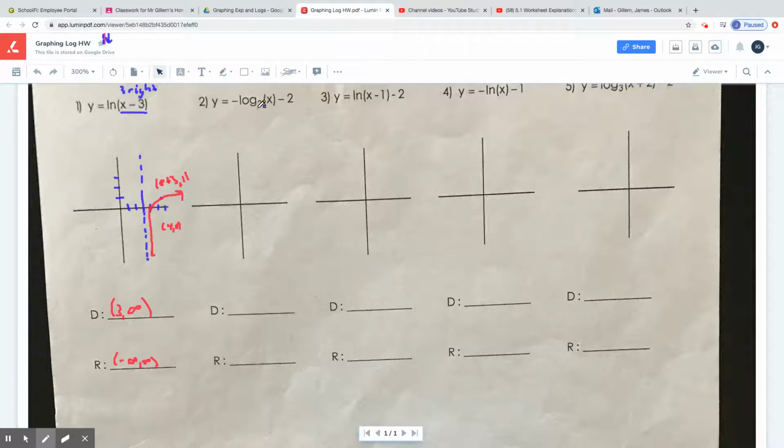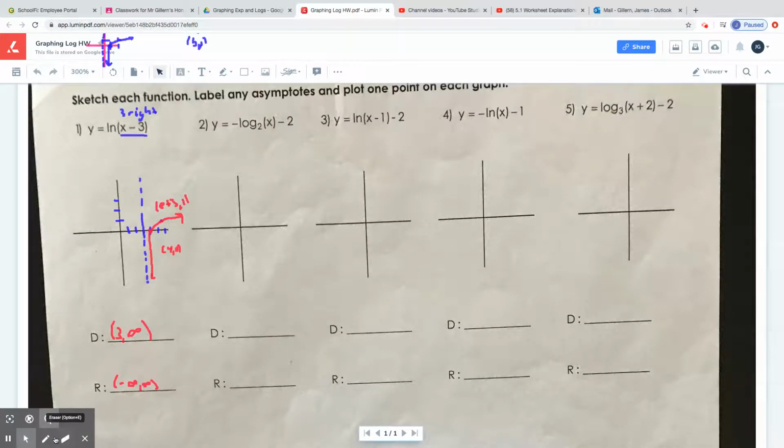Number 2. We have a log with base 2, which means the points we're going to start with are 1, 0 and 2, 1. Those are the points. Now, what do I have going on here? I have this negative in front. That's a vertical flip.